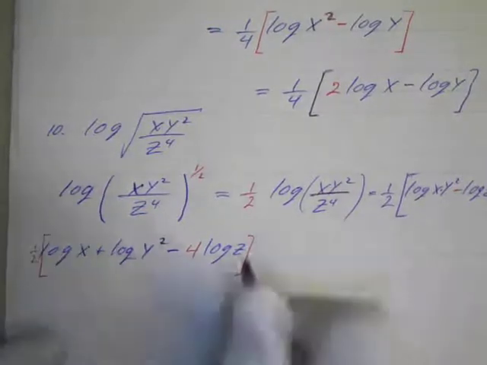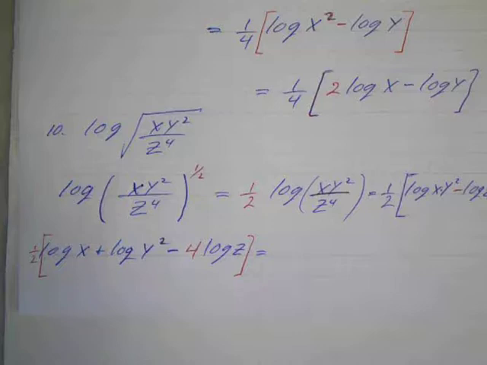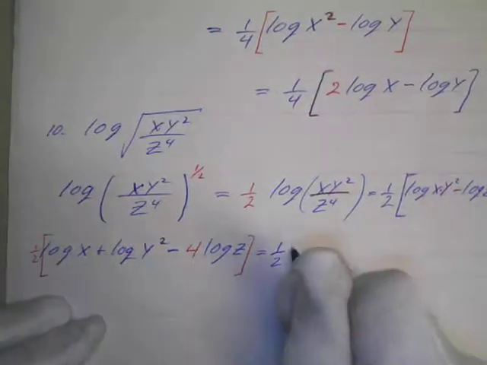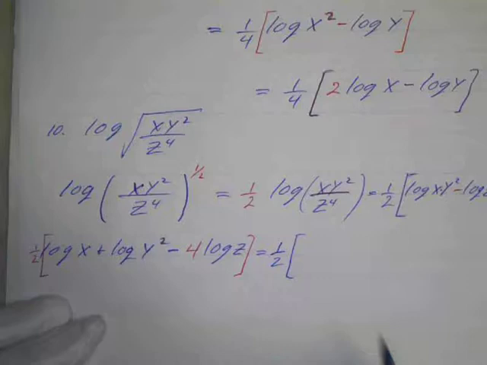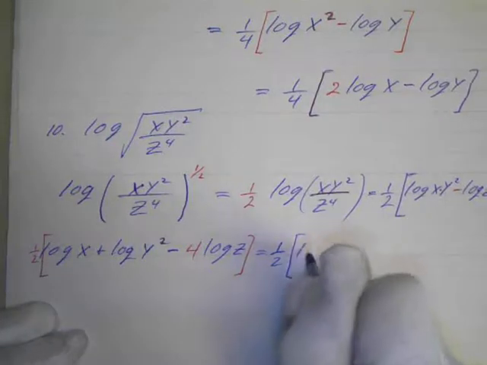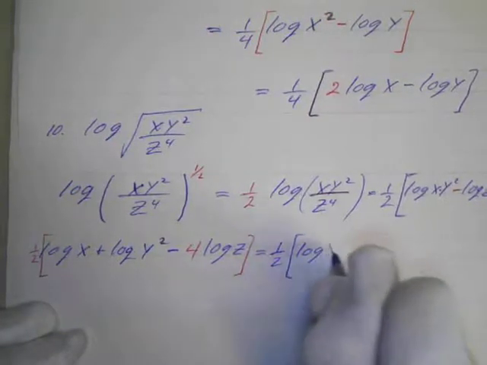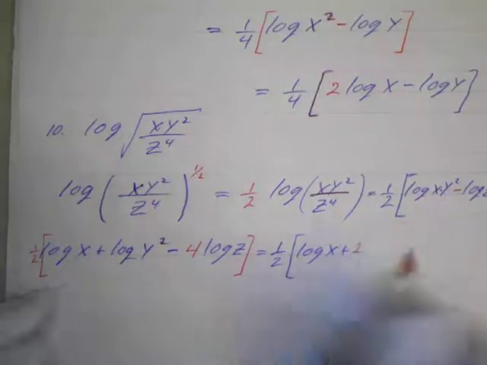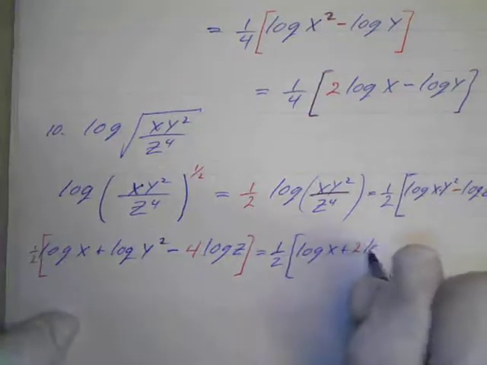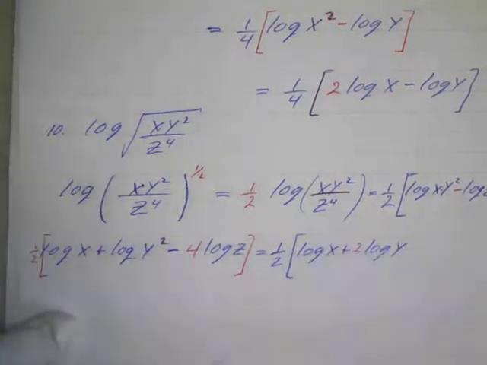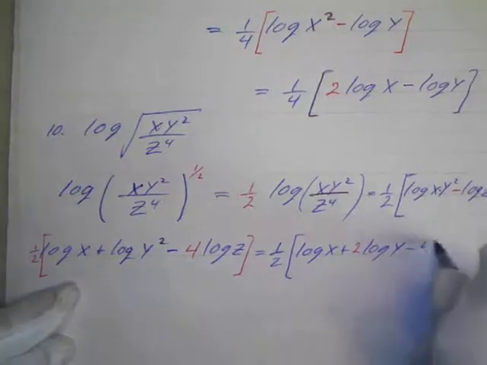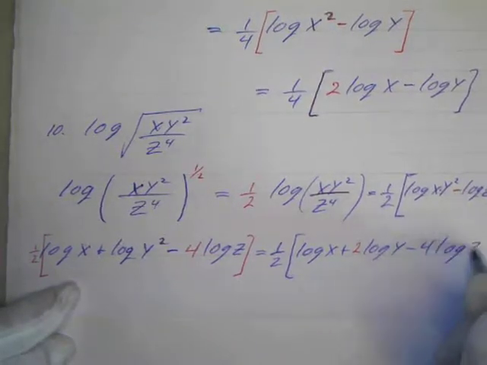So this is going to be equal to 1/2. Now it's times everything, so I've got to put a bracket around here, or parentheses. Brackets usually work a little bit better for logs. Log of x plus, and I'll bring the 2 in front, 2 log of y, minus 4 log of z.